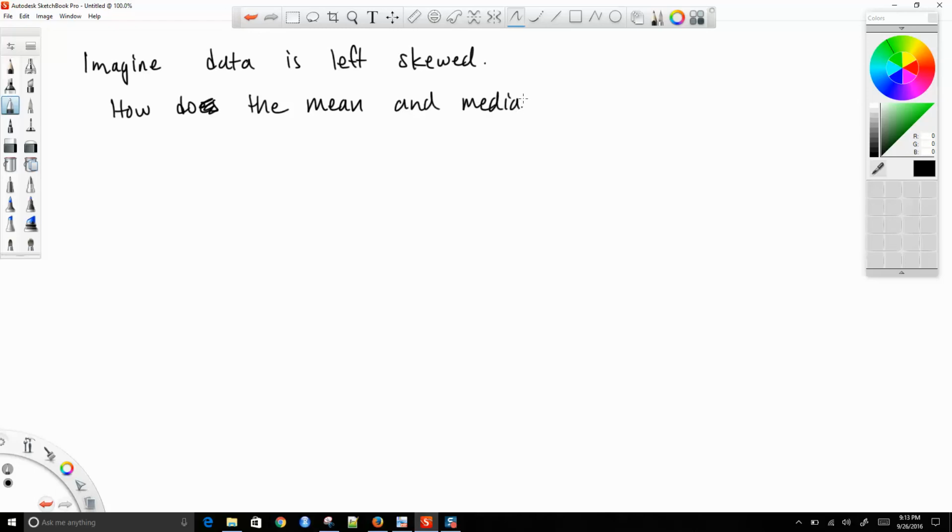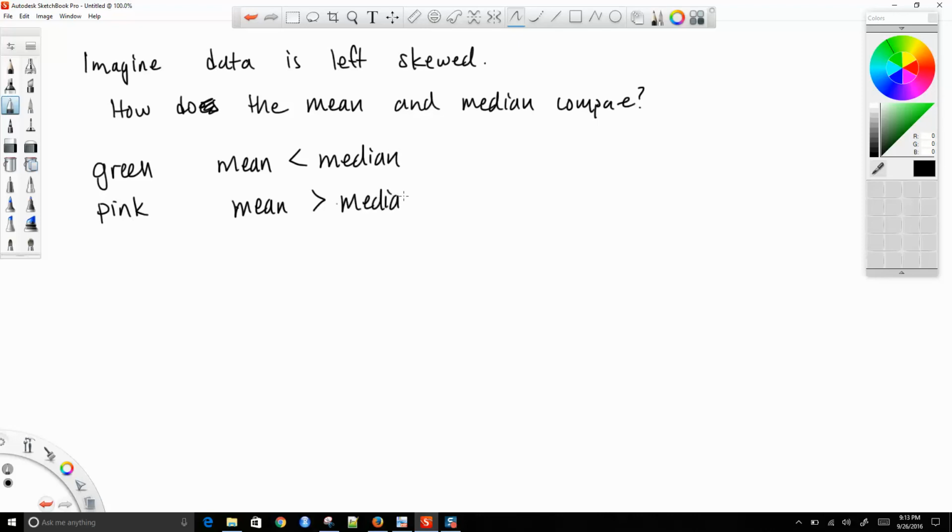All right, pull out your cards. Pick green if you think mean is less than median. Pink if you think mean is greater than median. And we'll say orange if you think mean is comparable to median.